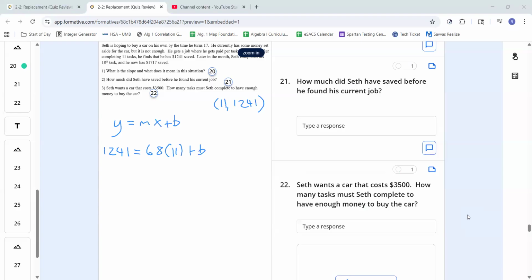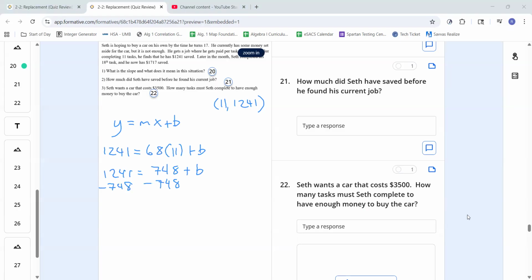So basically what this means is he had 1241 saved after completing 11 tasks at $68 per task. Well, how much did he earn from the tasks? Well, 68 times 11 would tell me that. It's $748 from the tasks. Well, that means the difference is how much money he already had saved up.